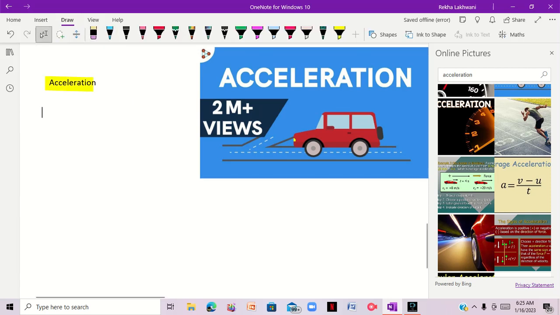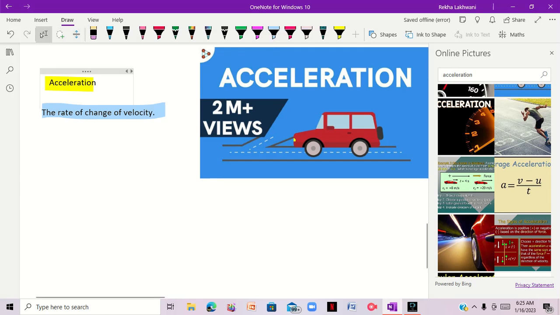So now what is acceleration? Basically the rate of change of velocity is known as acceleration, right? So now what is the formula of this acceleration?